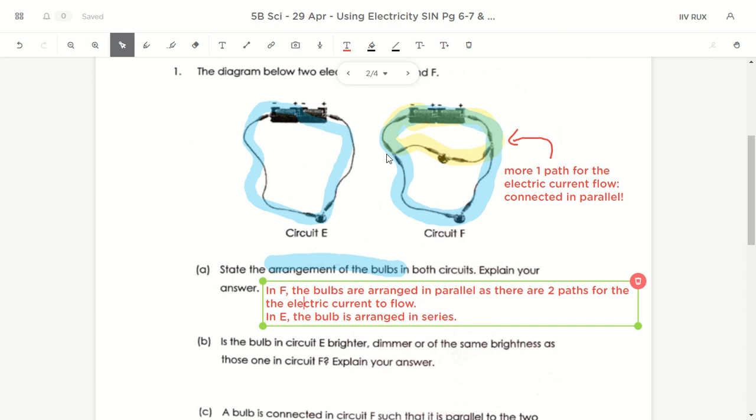Okay, so for E is a series circuit connected in series because there's only one path, but for F the bulbs are arranged in parallel because there are two paths for the electric current to flow.